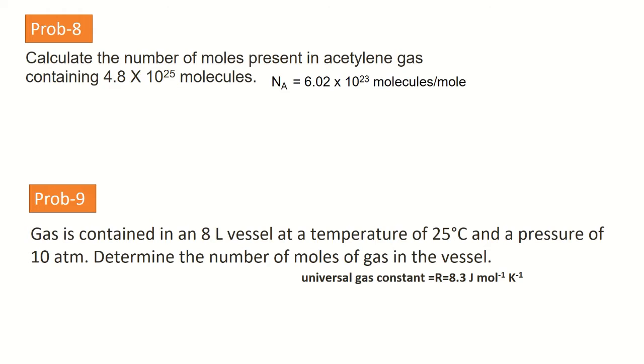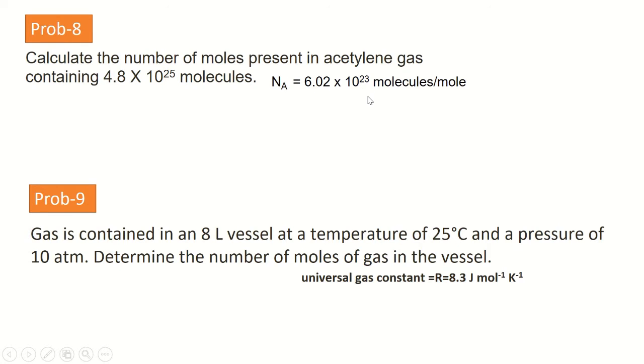Problem number 8, calculate the number of moles present in acetylene gas containing 4.8 into 10 to the power 25 molecules, and the value of the Avogadro number is given, that is 6.02 into 10 to the power 23 molecules per mole.